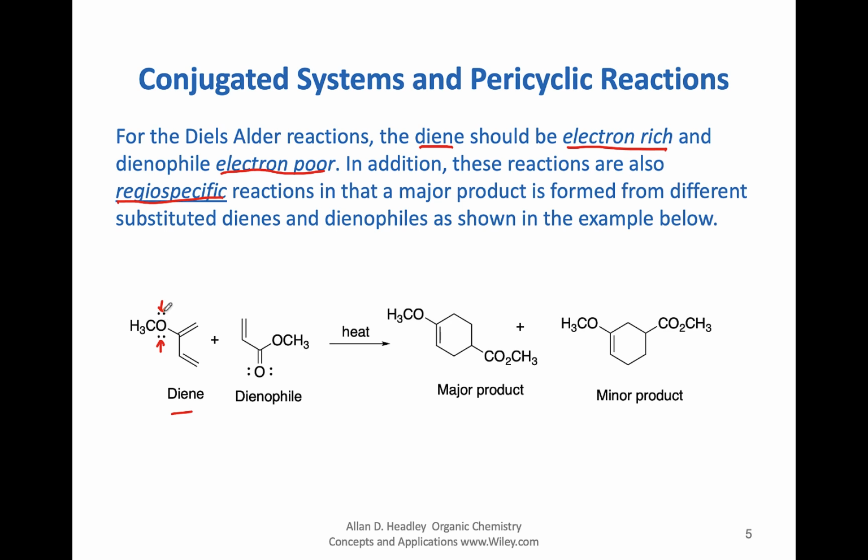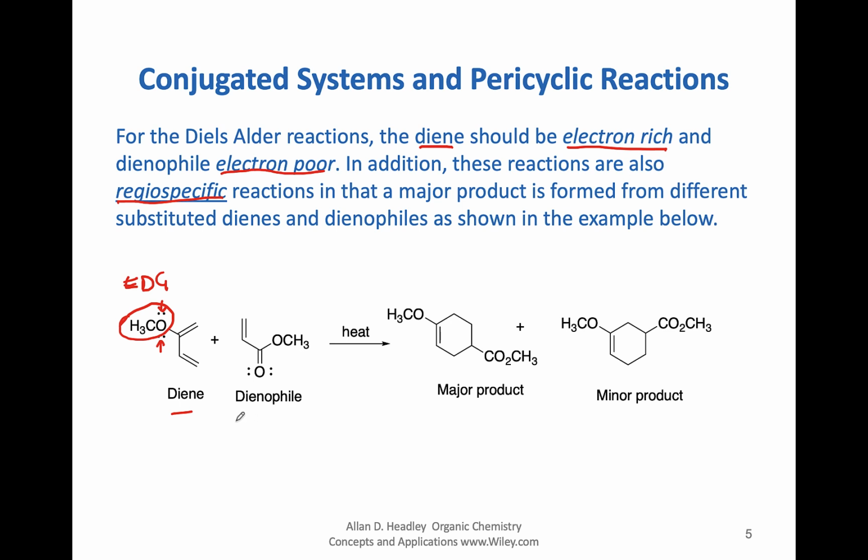It has at least 1 unshared pair of electrons. Of course, as you know, drawing resonance structures, these electrons can be donated into the diene, just as we've seen before for the benzene system. So this means that this group here is an electron donating group.